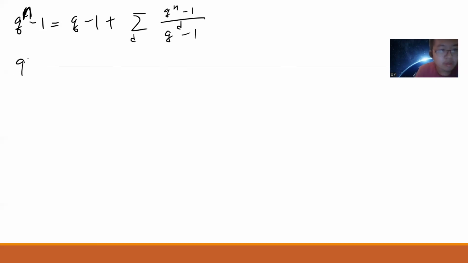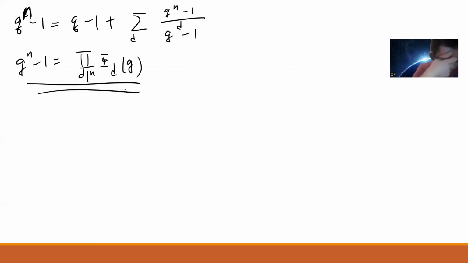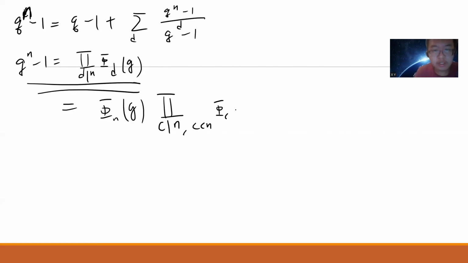Okay, and then we know that Q to the N minus 1 is the product over D dividing N of phi D of Q, right? This is the basic definition, the basic starting point. And then we can write this in terms of phi and Q, where C divides N and C less than N, phi C of Q, right?